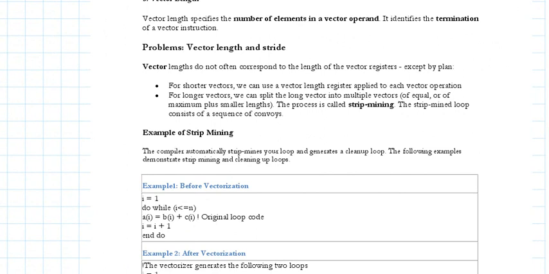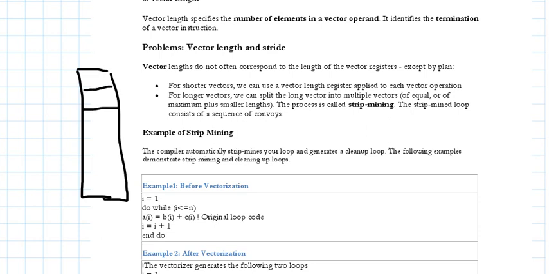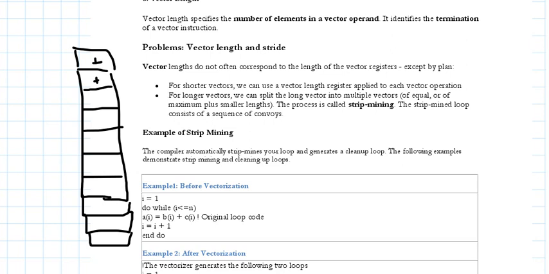Say, for example, you have 10 units in your vector processor to perform the addition operations, right?